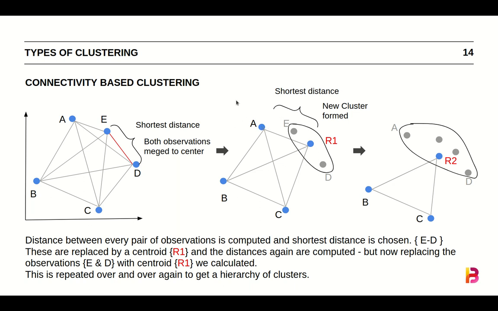If we were to employ Ward's method instead, it would not calculate all these distances. Instead, it would first draw a cloud encompassing E, A and D. It would calculate what is the average distance. It would draw a cloud to E, D and C. It would calculate all the average distances. It would draw a cloud to E, D and B. It would calculate all the average distances.